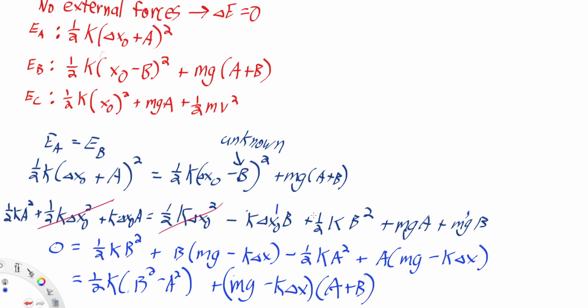The quadratic term goes away. But in the second term, the linear term, we have an a plus b. So we end up getting 2b times mg minus k delta x.